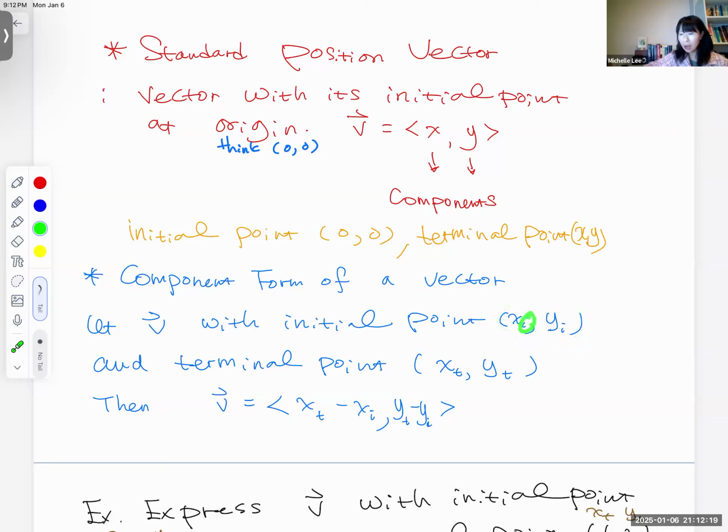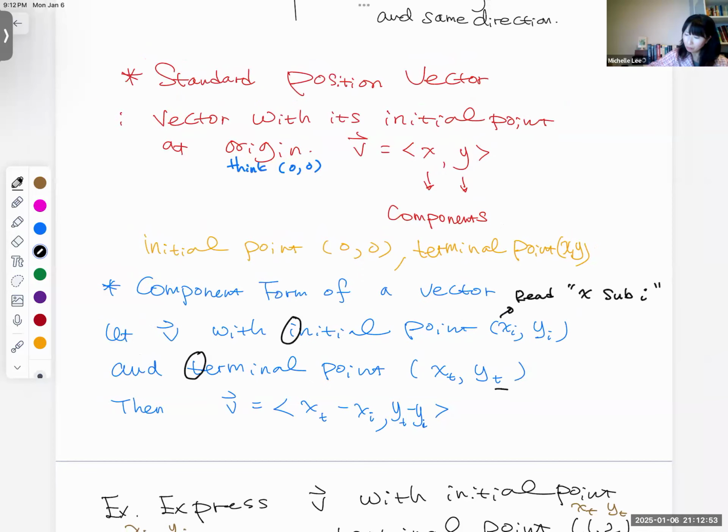So we are using I, read x sub i, then we read y sub i, right? And the terminal point, they're just using T from the first letter, T, right? So I from the initial. So x sub t, y sub t, right?